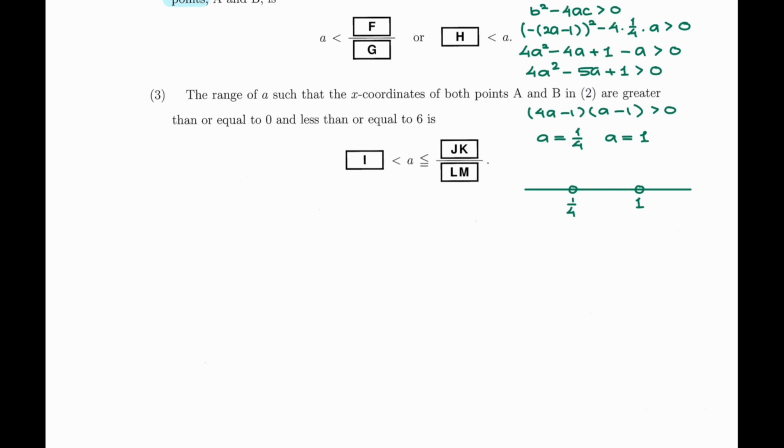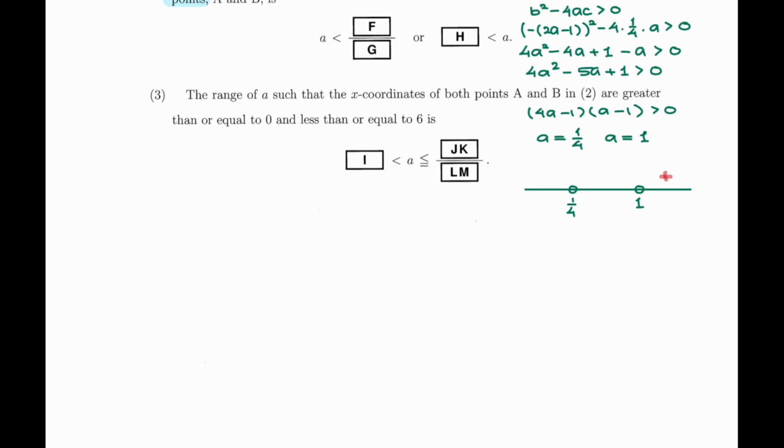And then we need to check the sign in these three regions. For example, if I want to check the sign in this region, I can substitute 2, since 2 lies in this region. If you substitute 2 into that expression, your answer is a positive number, so the sign here is positive.